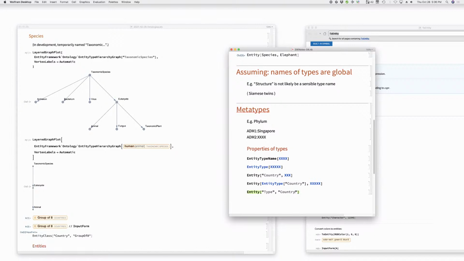Sorry, the entity type object could contain sublevels within it. Yeah, I agree. It could represent animal, but it could also contain the fact that it is a taxonomic species, that kind of thing. Yes, that's correct. It could be much more decorated. And even if you ask for the entity type somehow, well, okay, it can be a more decorated version. Okay.